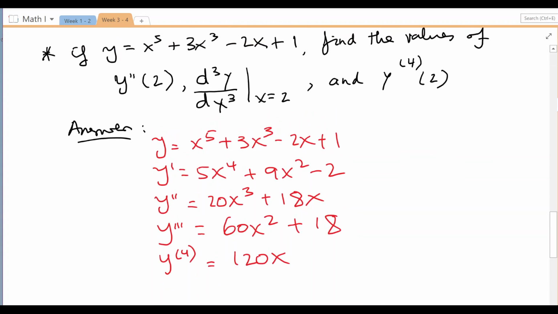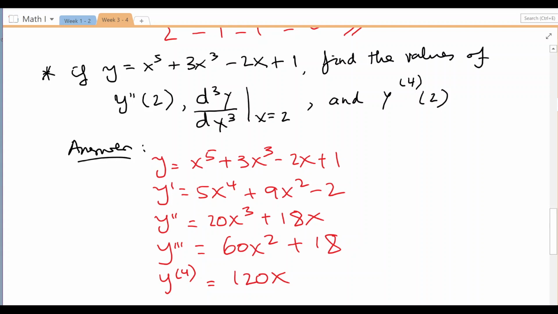So the question is asking for the value of the second derivative, which is that one, at x equals 2, simply 20 times 2 to the power of 3 plus 18 times 2.